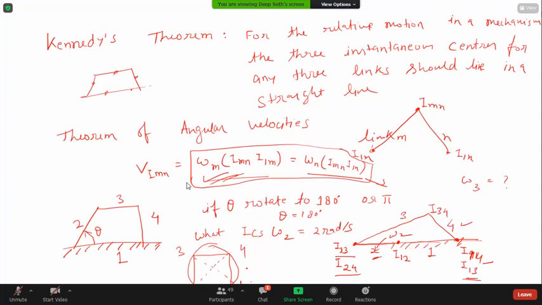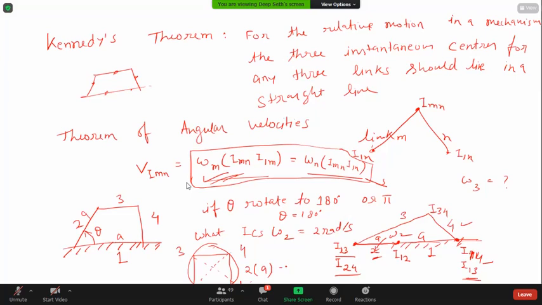Omega 2 is 2, then I1m times I1n. Let's say the fixed link distance, from here to here, is A. So this is also A. From here to here, what is the distance?